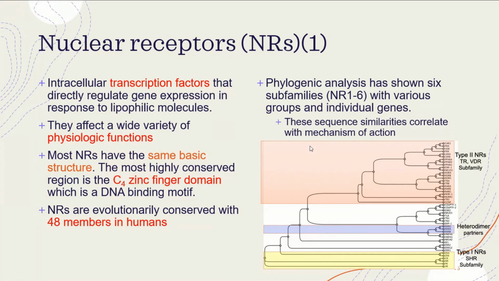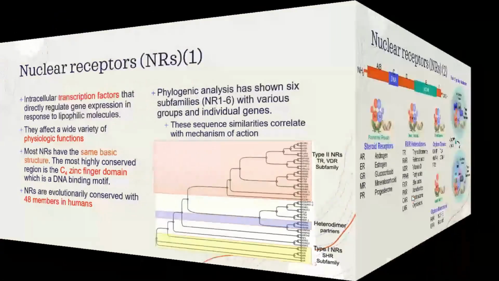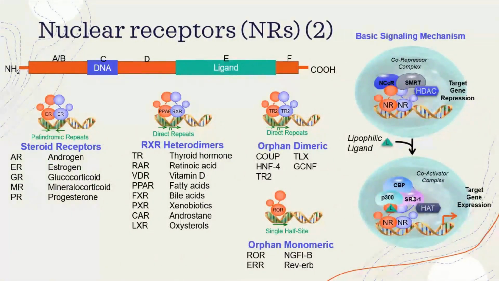So these are receptors that respond to a variety of different lipophilic molecules. They all have the same basic structure and the same basic way that they regulate cellular activities, but they are distinct. There are 48 separate genes in humans for nuclear receptors, and that's shown in this phylogenetic tree here. But really, they're more similar than they are different.